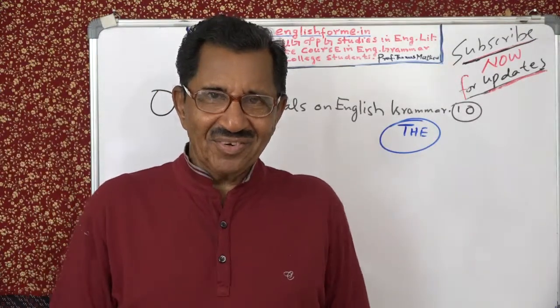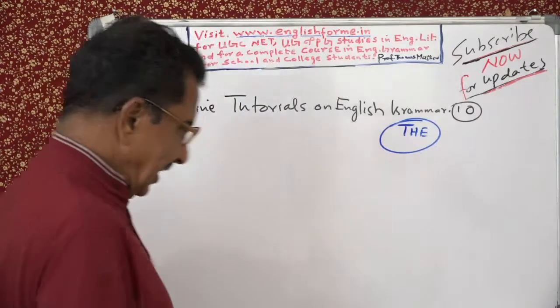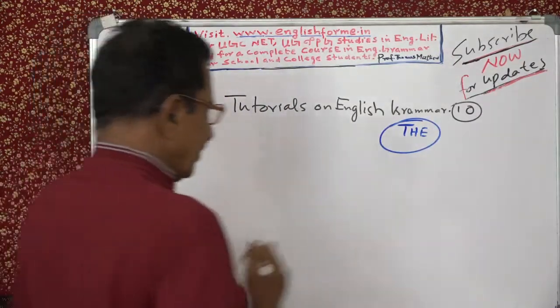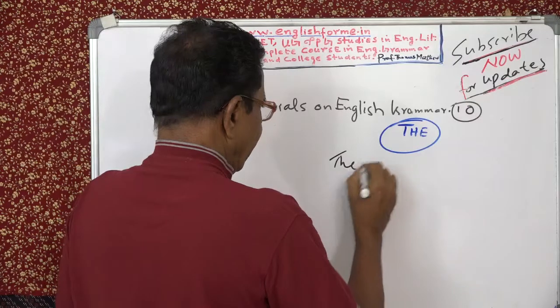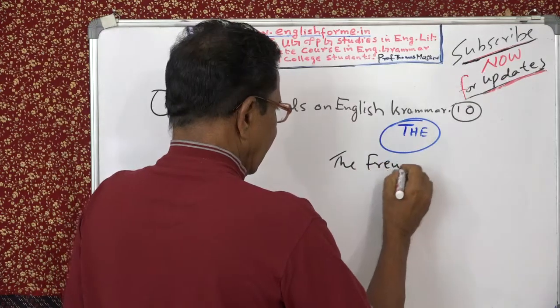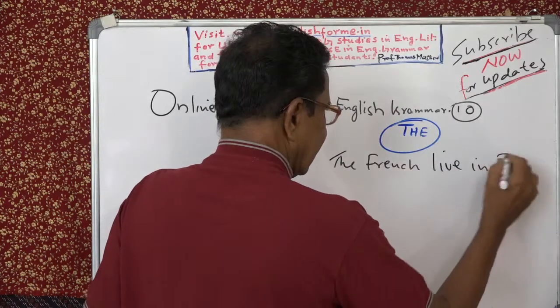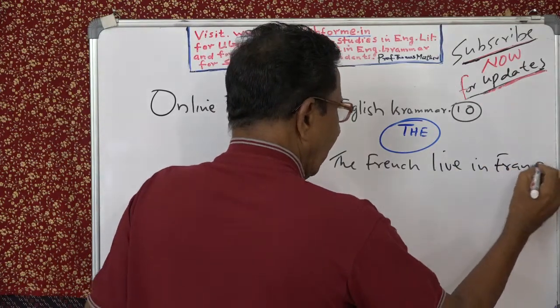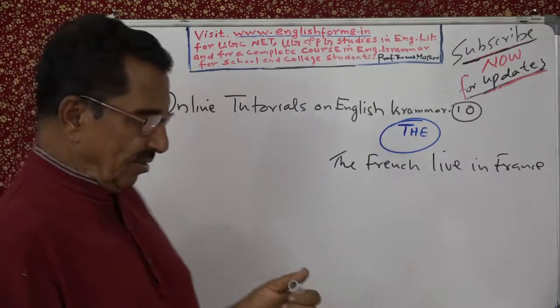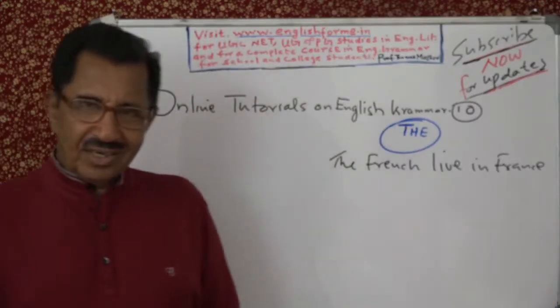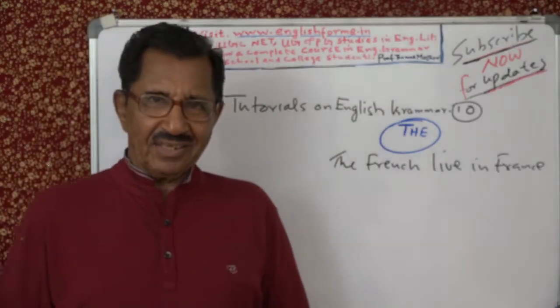Very good example. The French live in France. That means all the people of that country live in France.